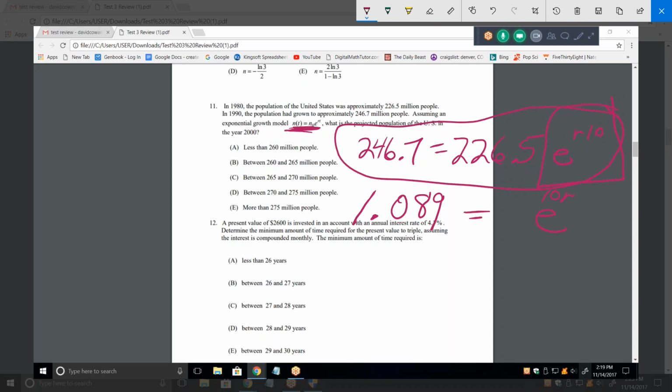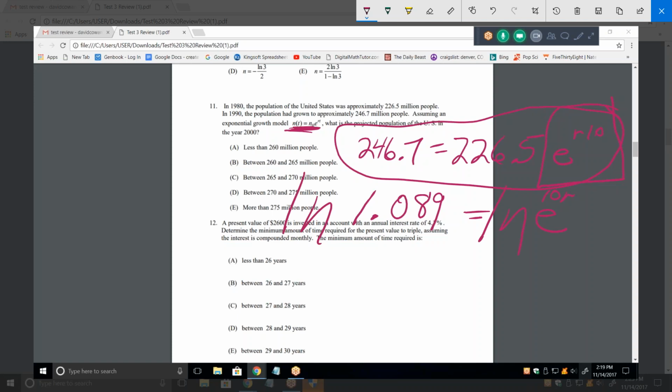Now let's put the coefficient in front. That's equal to e to the 10r. Now what's the next step? We have an exponential equation. How do I solve it? You take the natural log of both sides. Perfect.